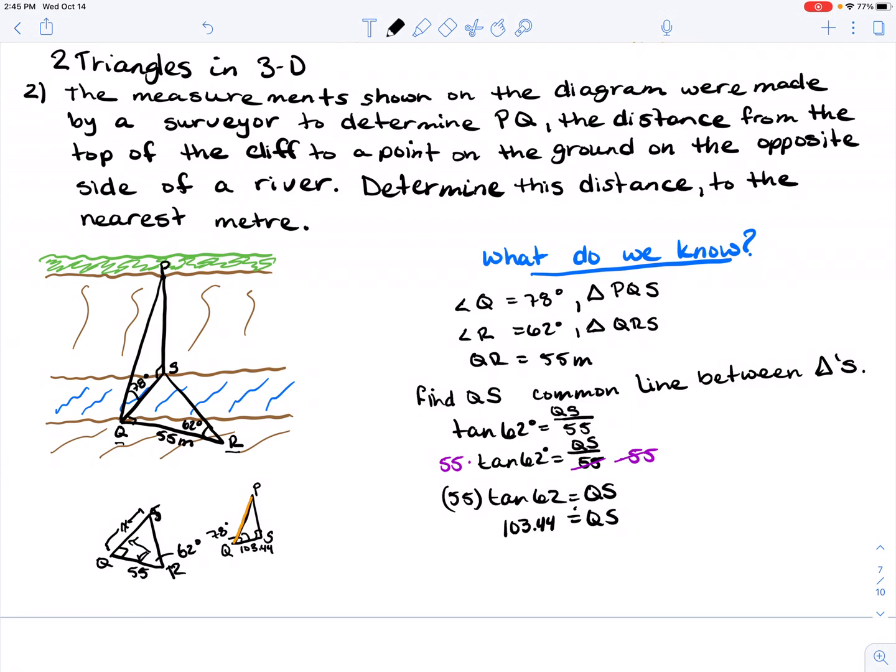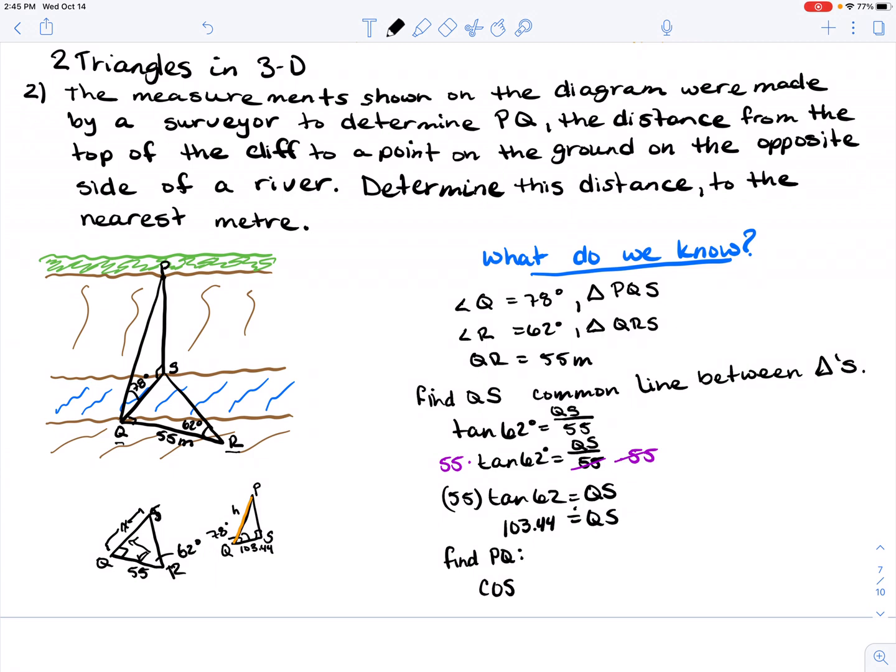Well, I have a hypotenuse and I have an adjacent side. So which one involves adjacent and hypotenuse? That's cosine. So just so you know what we're working on, PQ.